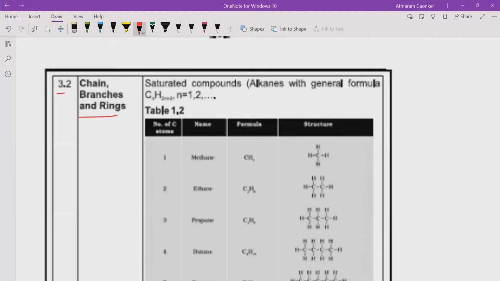is 3.2, chains, branches and rings. How to obtain chains, branches and rings? So for that, saturated compounds are alkanes. I was telling you about chains, branches and rings.